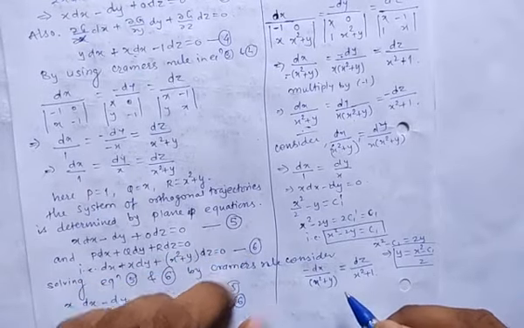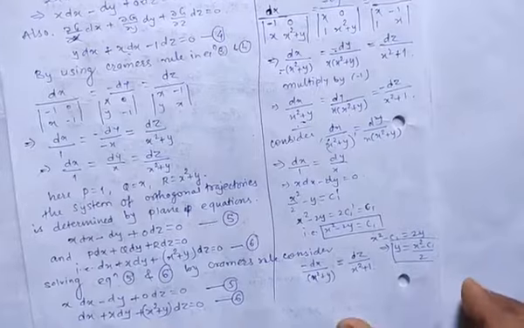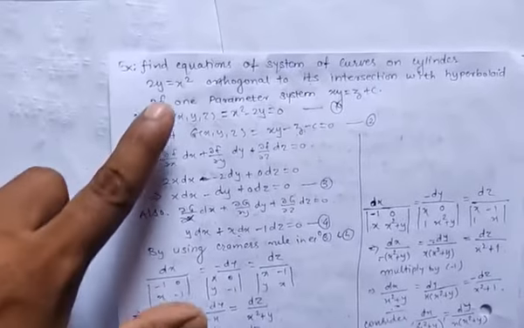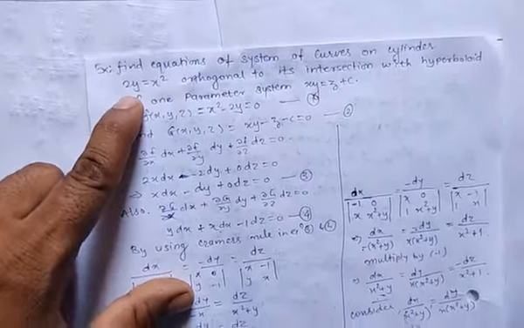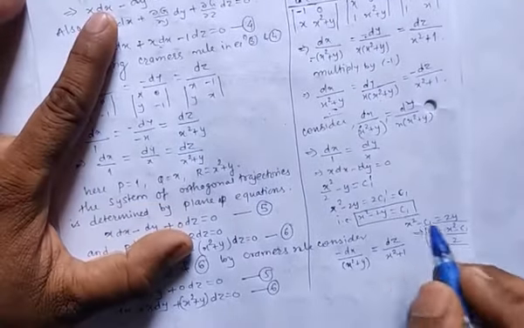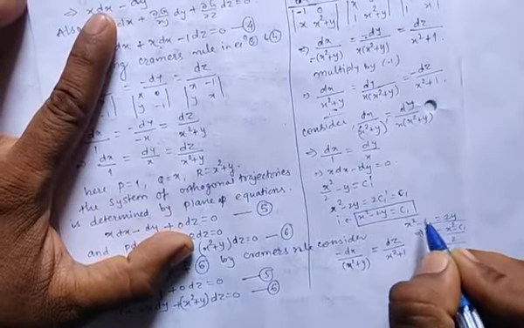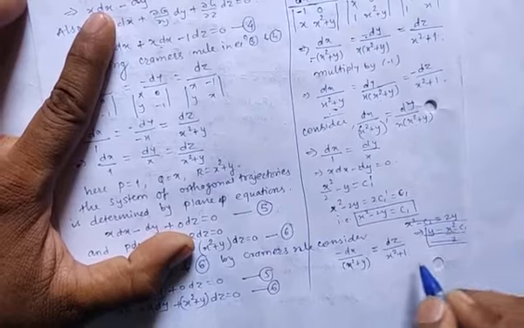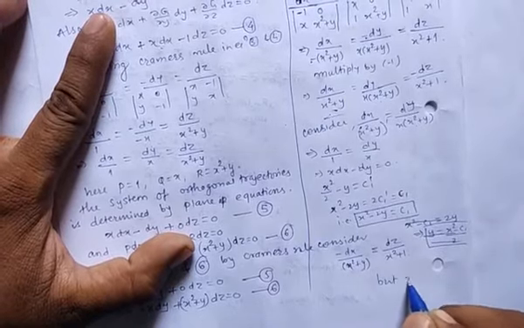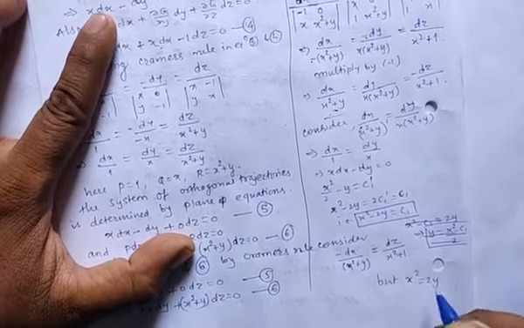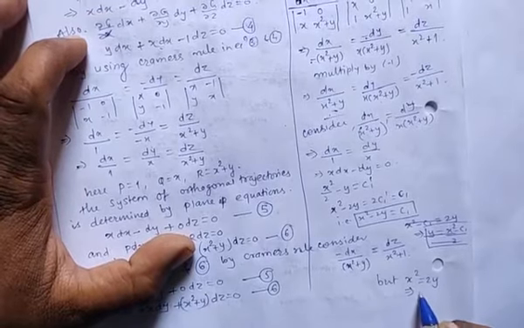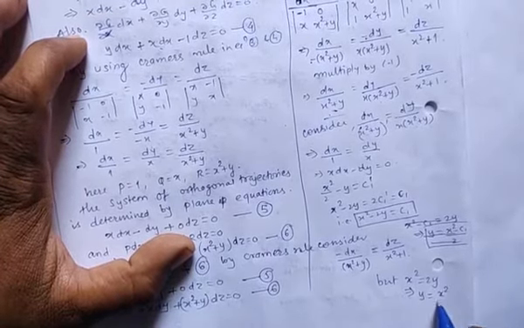And also we have been given that x square is nothing but twice y. From that we get the value of y is nothing but x square upon 2.